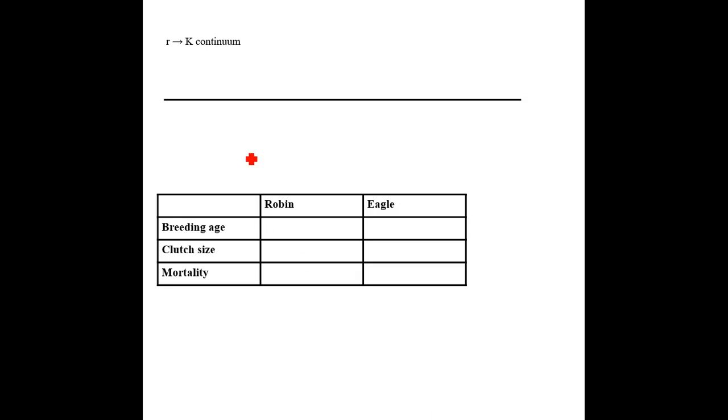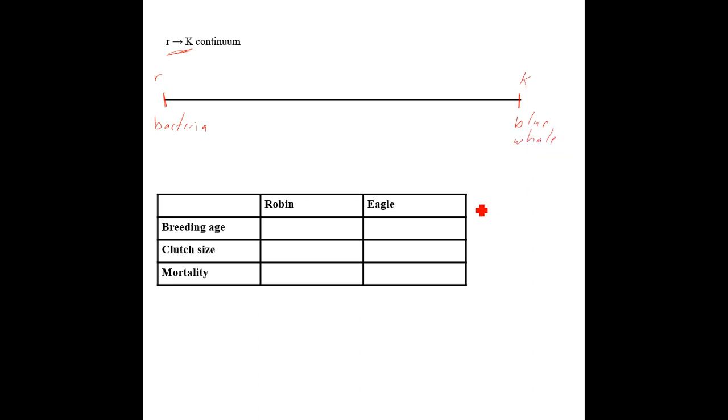Just one final slide here. It really is a continuum. So whenever we talk about if the species is R or K selected, it should really be, well, compared to what? So if I have way over at the left-hand side here extreme R selected, and at the other side extreme K selected, what would be here would be bacteria. What would be way over here would be something like a blue whale.